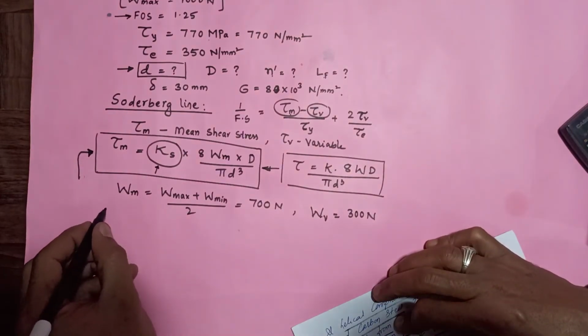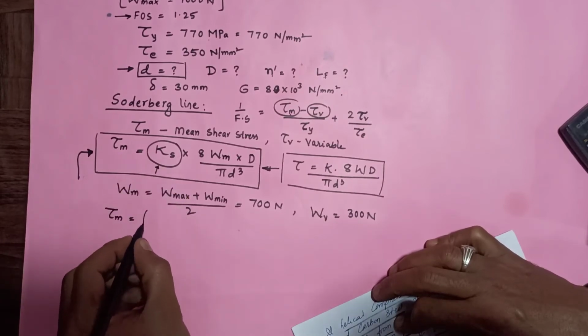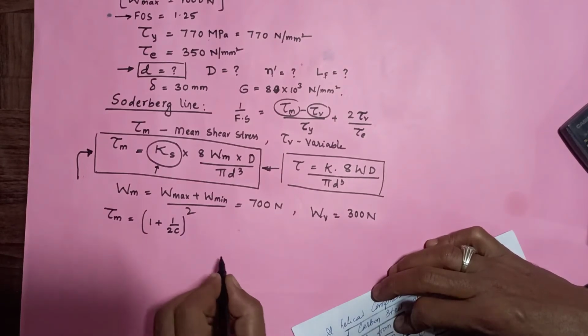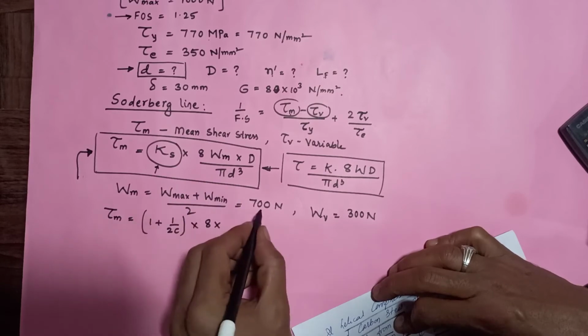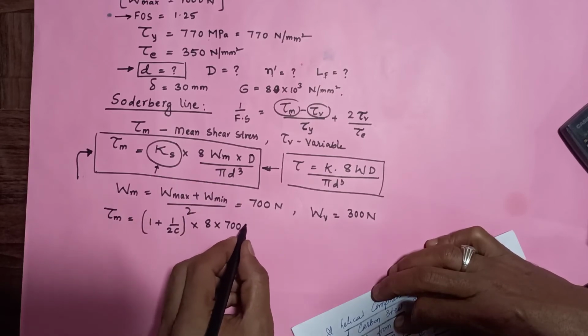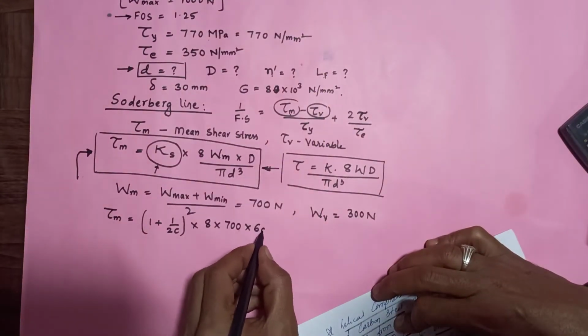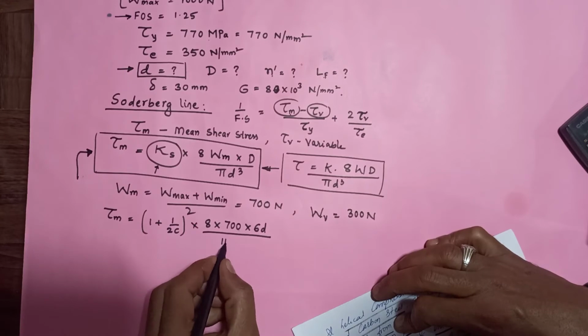So when you are taking the mean shear stress, you should take Ks value as 1 plus 1 by 2C into 8, W mean value is 700 into D value which you already calculated as 6, into D divided by pi D cube.